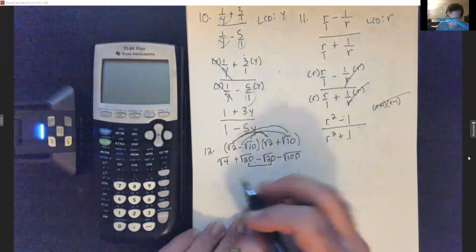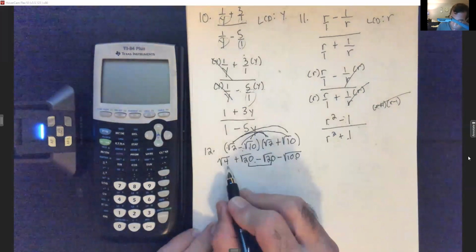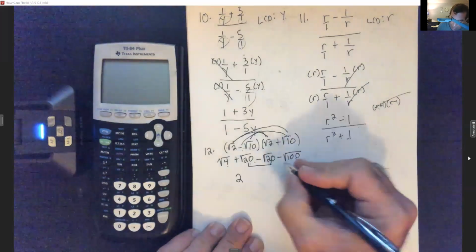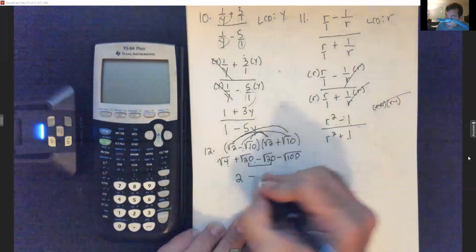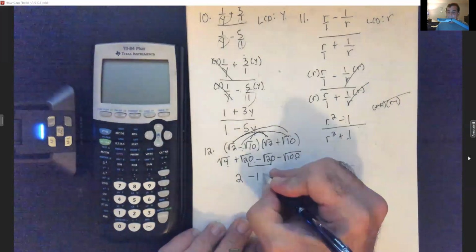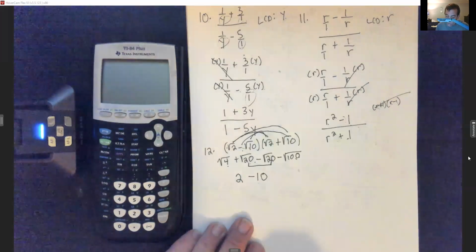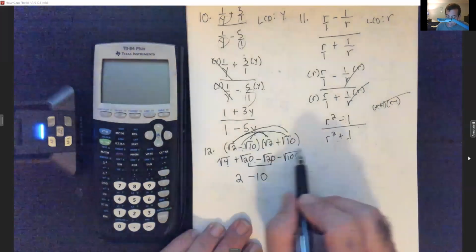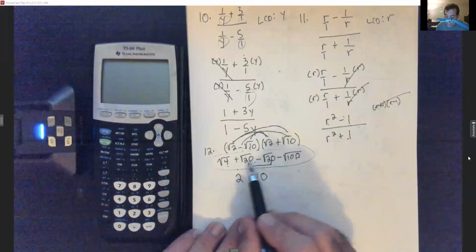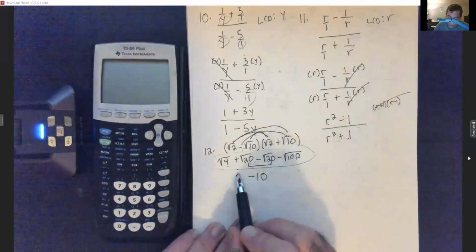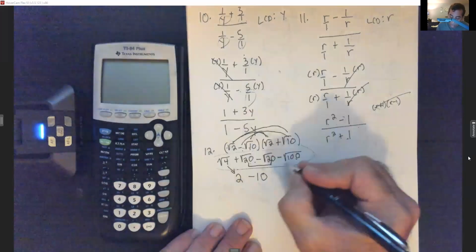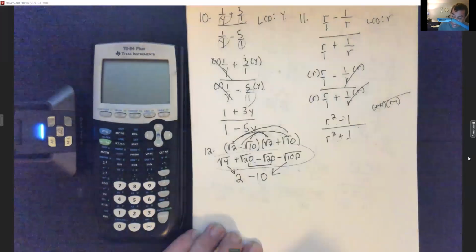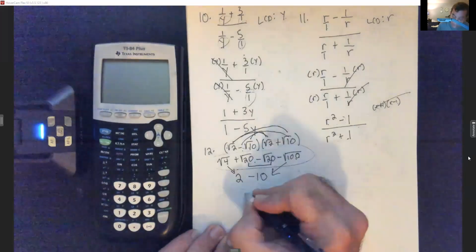So let's see what's left. I got a square root of 4, which is 2. And then at the end, you got minus the square root of 100, which is 10. Once I got them all multiplied, if they don't cancel, I simplify them. So square root of 4 was 2, square root of 100 was 10, and then 2 minus 10 is a negative 8.